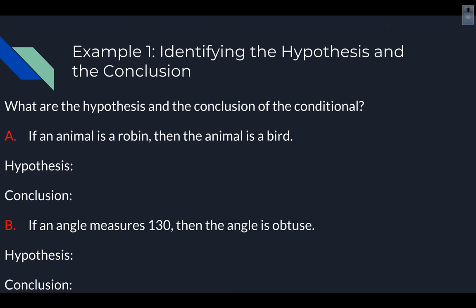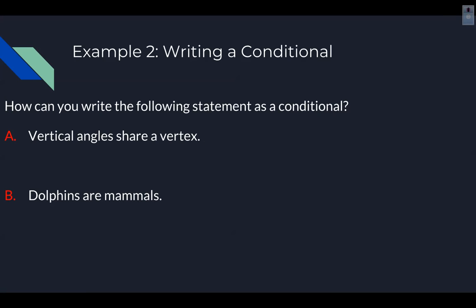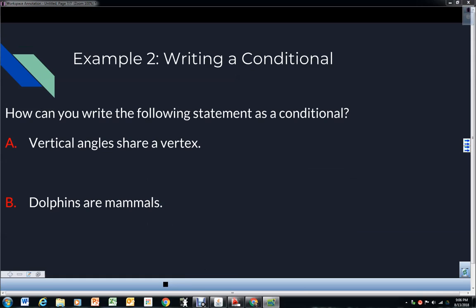All right, so let's look at writing conditional statements here. How can you write the following statement as a conditional? So we're going to work the first part together, and you guys can write the second part. Now this may vary from word to word. So let's look here. Vertical angles share a vertex. Okay, so we're going to make it an if-then. So the first part, we have to start with our if.